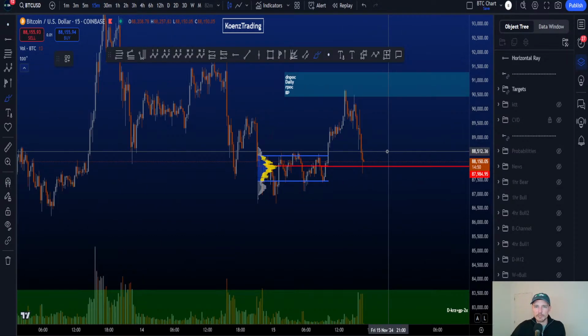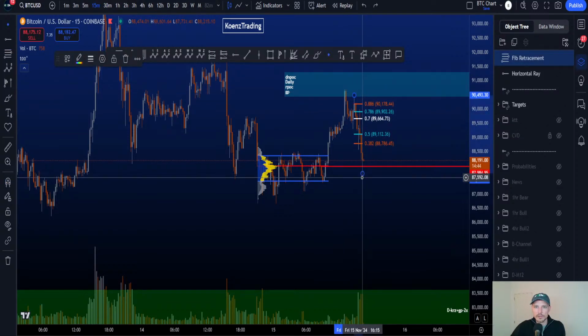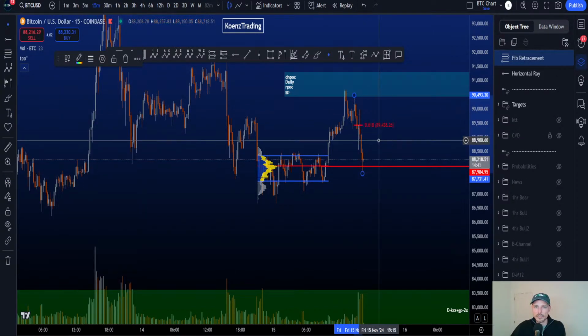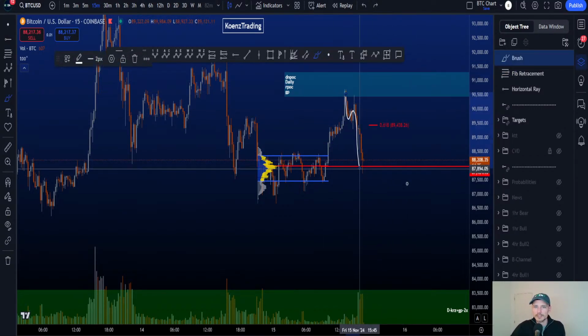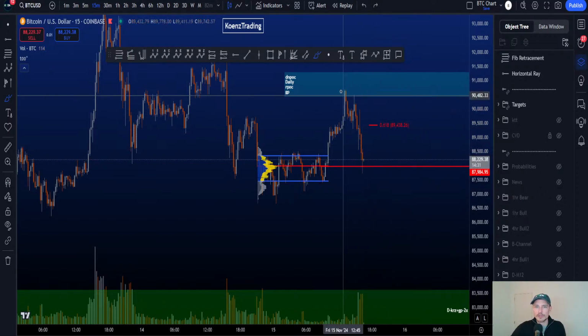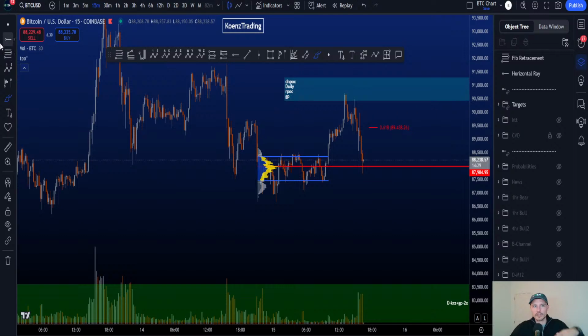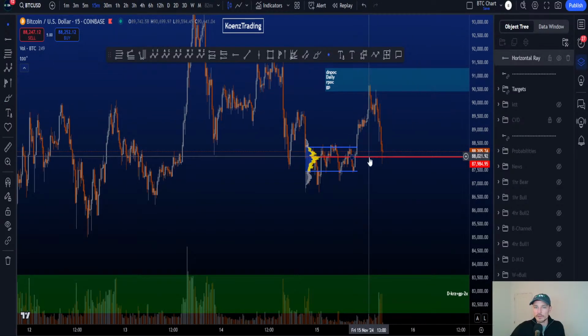Now, if this is an impulse down, by the way, you take a fib from this high, the lower high, to the low, toggle on the 618. If price moves up now and hits the 618, it will increase probabilities that this is a 3-wave structure, not a 5-waver, which then increases probabilities to take the high again. So that's how probabilities always change. But at the moment, a bit of a point of control.